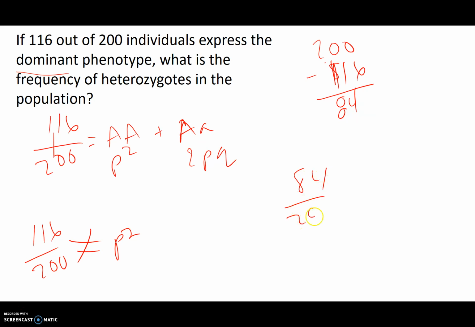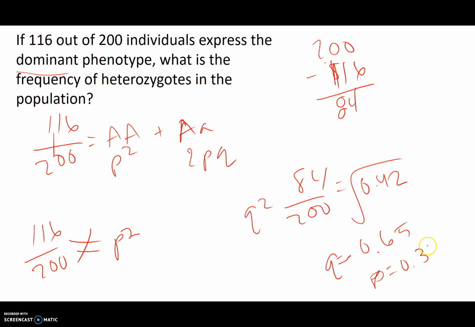So now we would have 84 divided by 200, and that gives us 0.42. That is our Q squared. So when we take the square root, we find that our Q is equal to 0.65, or P is equal to 0.35.